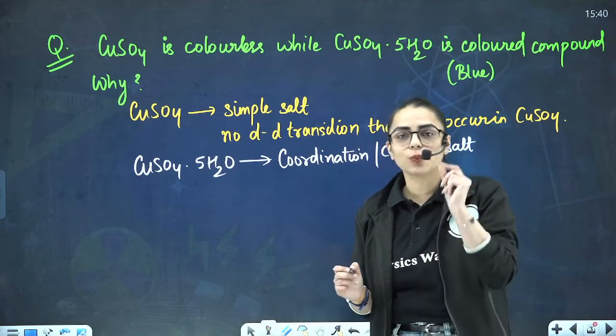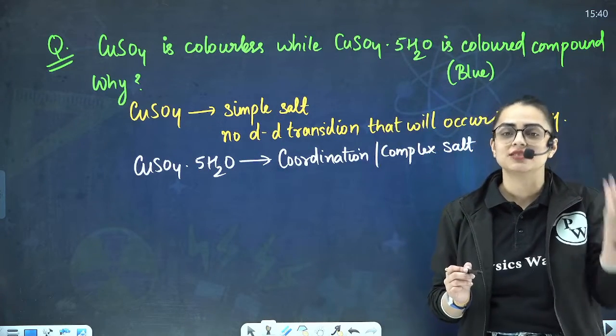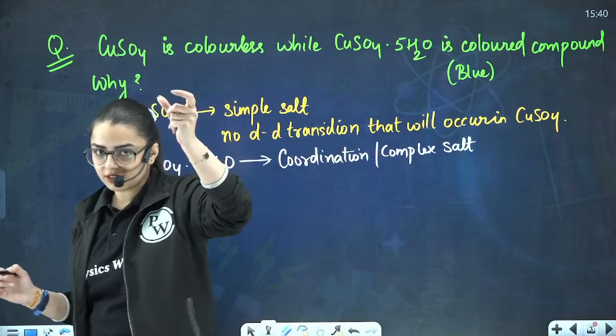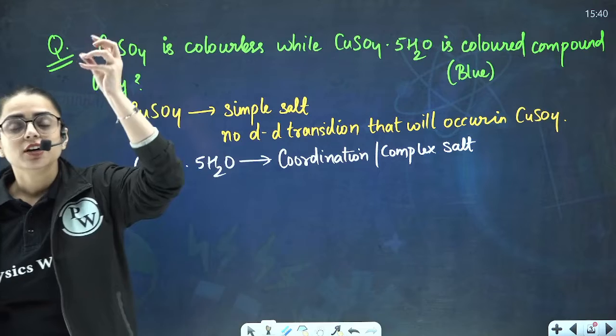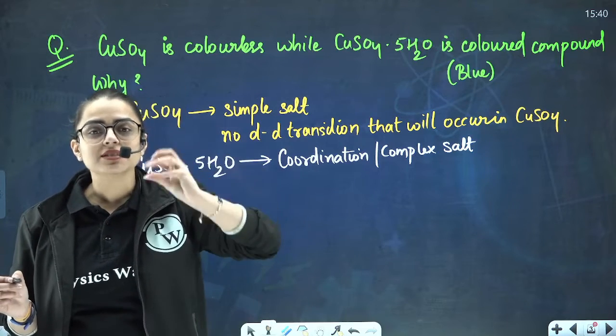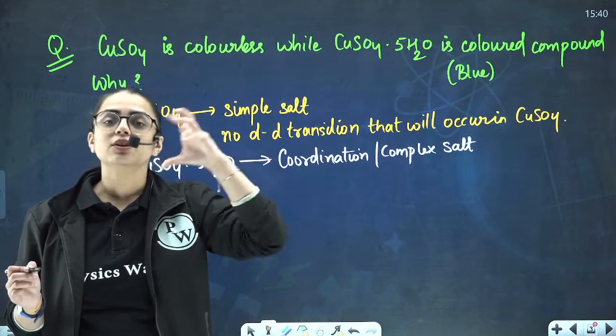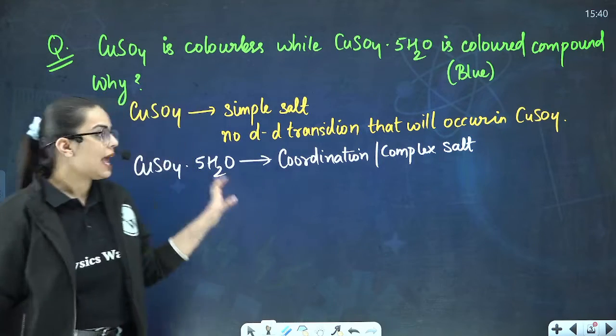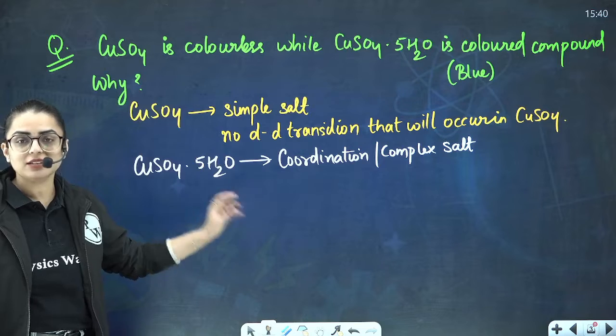That means electrons from one energy level will move on to the next energy level, right? From the lower energy level, the electron shall move on to the higher energy level, and when it comes back from the higher energy level, it will emit some kind of energy, and so it will provide color to that species. So that is referred to as colored complexes, and so it will exhibit a color, that is the blue color.